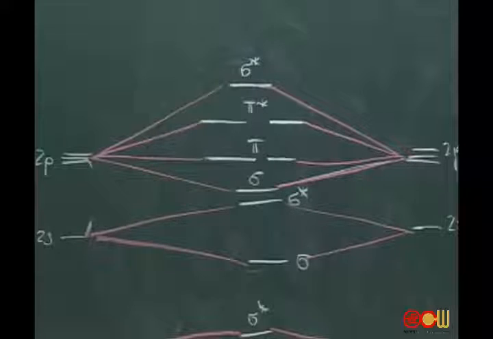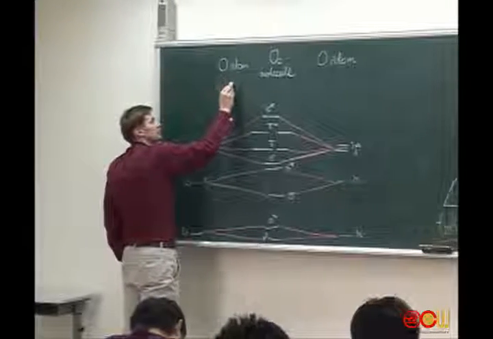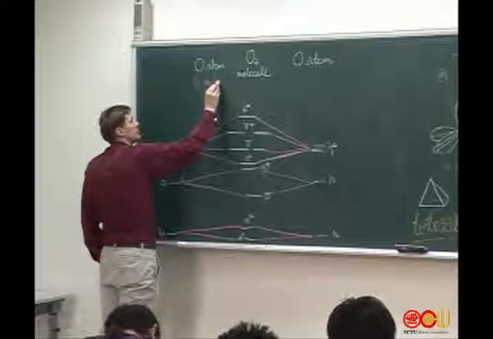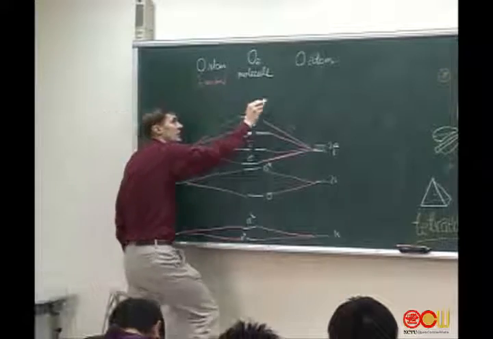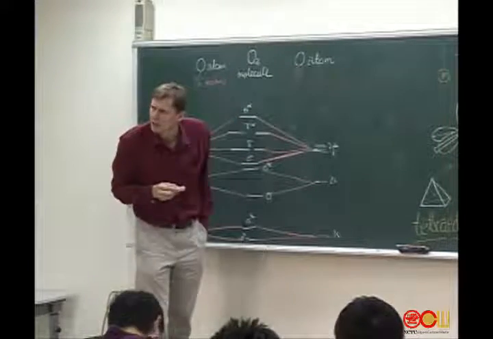Okay. Now one oxygen atom has 6 electrons. And another one has 6 electrons too. Okay, 6 or 8? Sorry, 8 electrons.